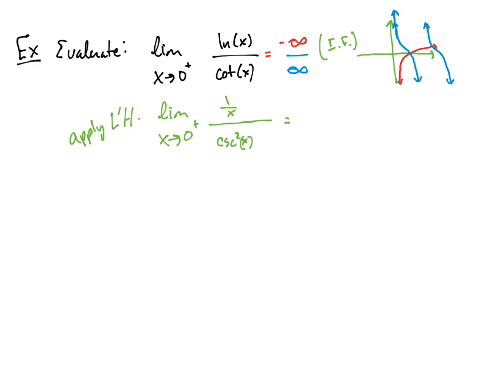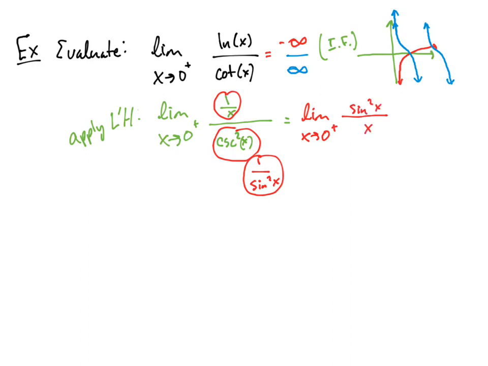We can rewrite cosecant squared of x as 1 over sine squared of x. So when I simplify this limit, I'm going to have 1 over x divided by 1 over sine squared of x. So I can rewrite this as sine squared of x divided by x here.